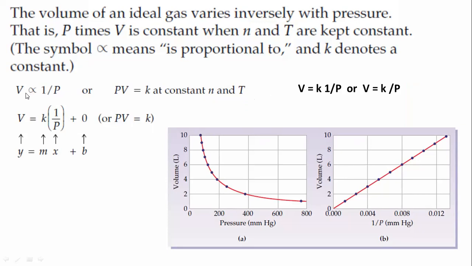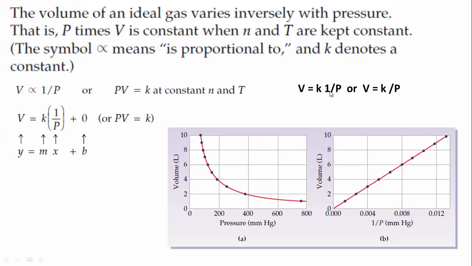And when you remove the proportionality sign, there should be a constant on the right hand side. This constant is called small k, and you can call it the Boyle's law constant because it has a constant value.